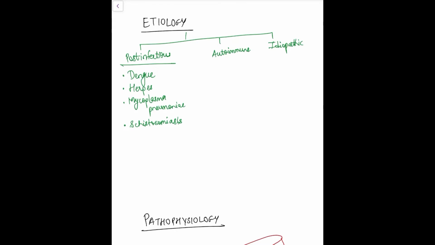What is autoimmune? Transverse myelitis that occurs in the presence of or due to other autoimmune diseases. So which are those autoimmune diseases?